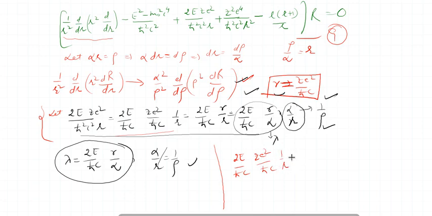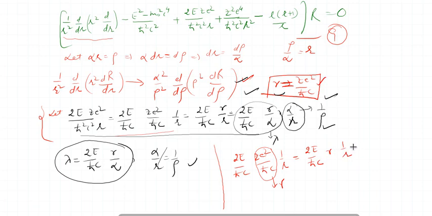And this I can write down as, because this is 2e over h cross c, and let me call this gamma, as I have defined it earlier. This is gamma, so it is gamma and 1 by r.